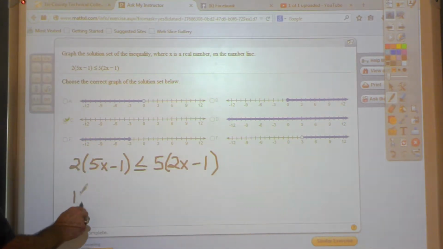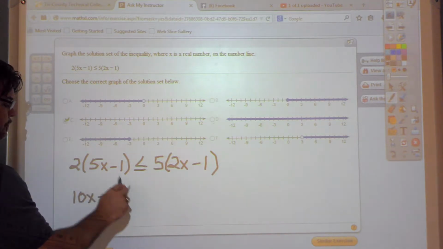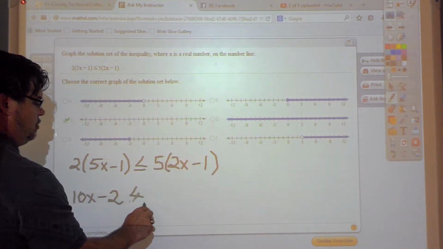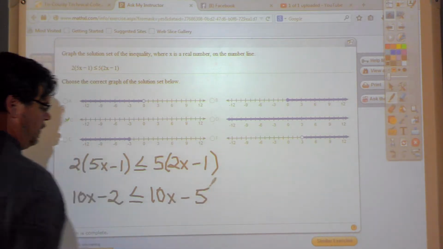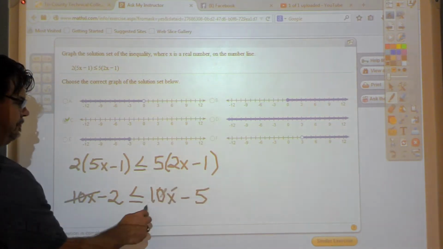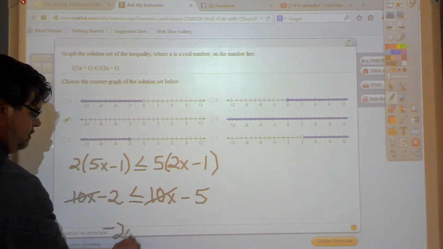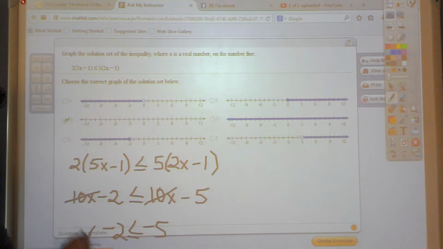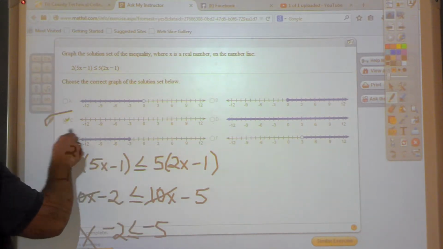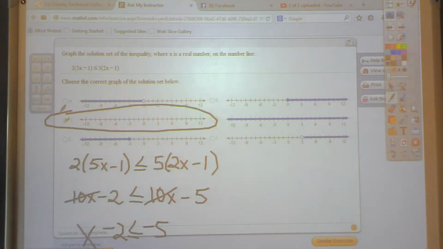And you get 10x minus 2 is less than or equal to 10x minus 5. And the 10x's cancel, and you get negative 2 is less than or equal to negative 5, and that's not true. So your answer is no solution.